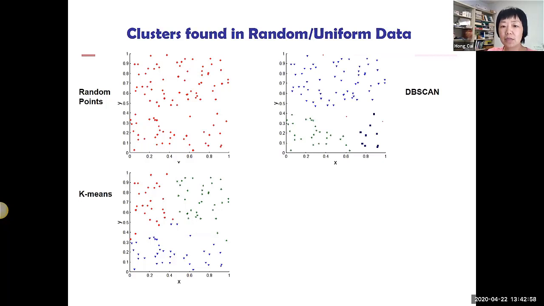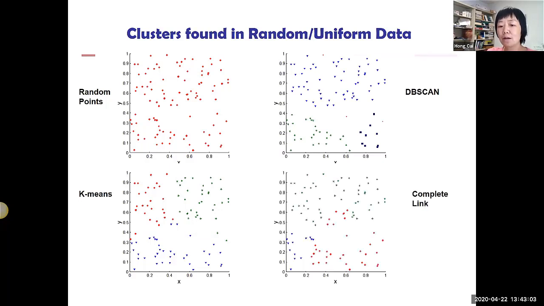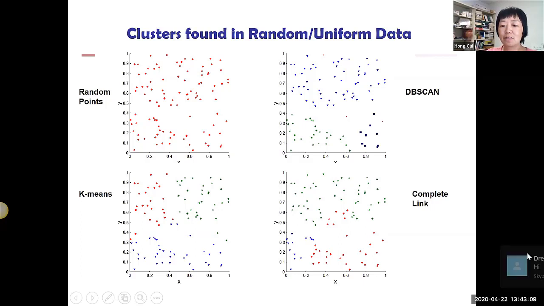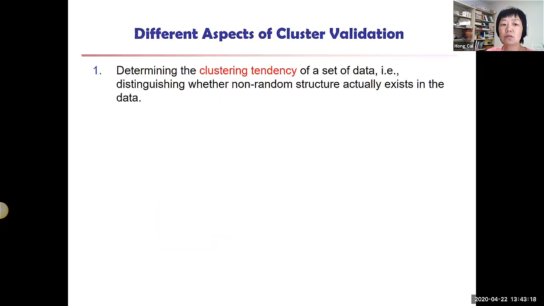You use DBSCAN, density based, you still have clusters. Even random data, any random uniform data produces clusters. So you definitely need our methods to determine clustering density.